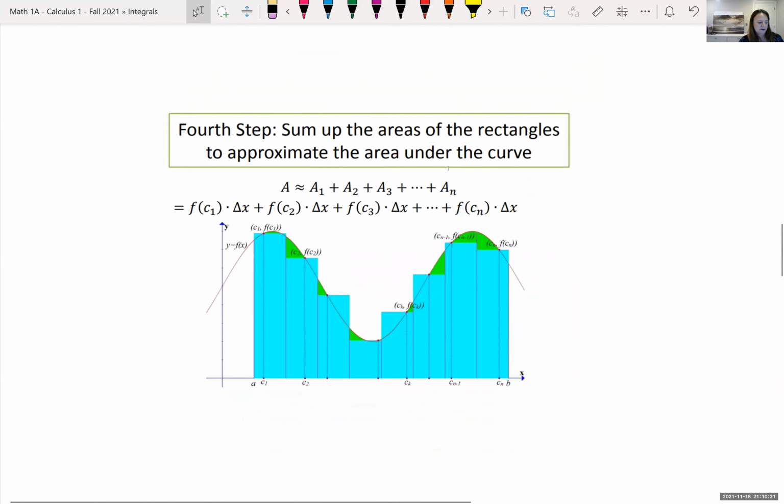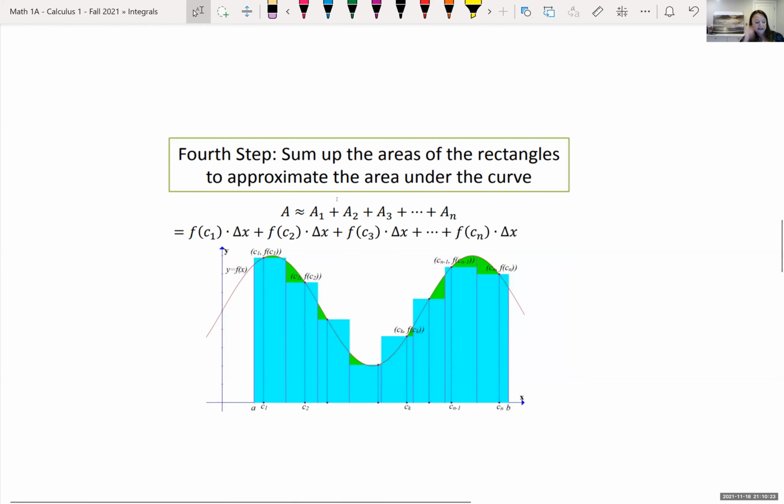So the fourth step: sum up the areas of the rectangles to approximate the area under the curve. Technically, notice that each of these rectangles has the same width, so if we wanted to, we could write this another way, where we factor out that width.